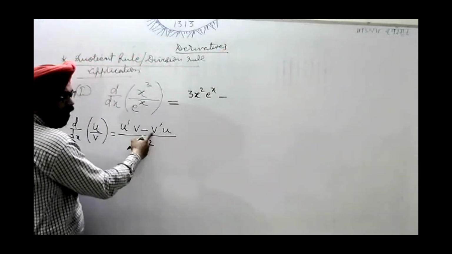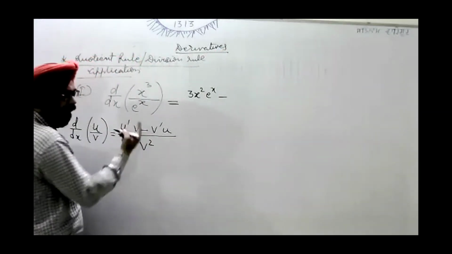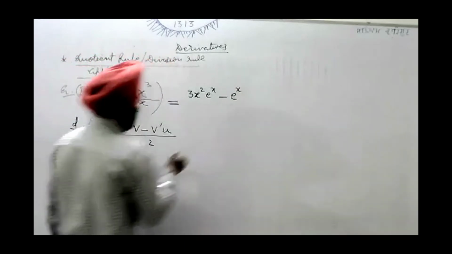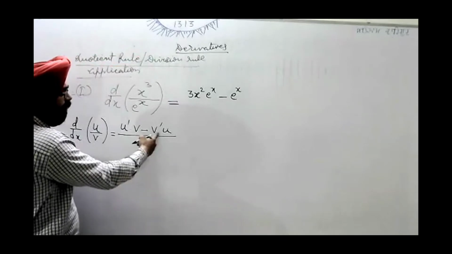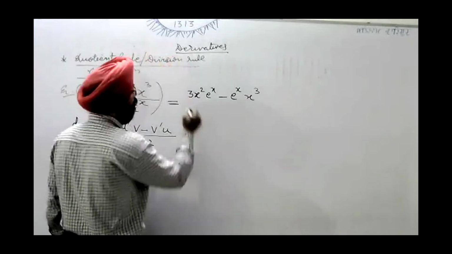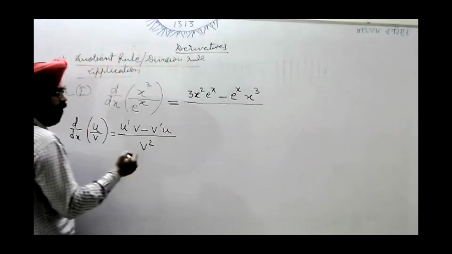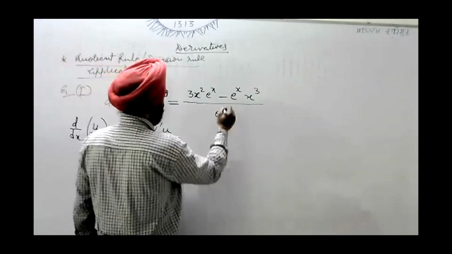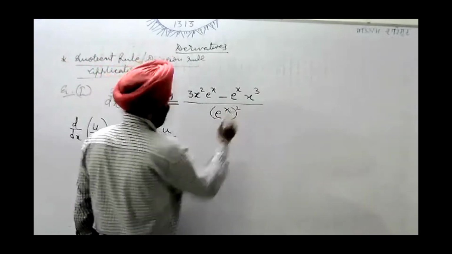Now, differentiation of the denominator, again the same function, e raised to the power x, so that will be written as e raised to the power x. And now, numerator as it is, x cube, divided by square on the denominator, e to the power x whole square.